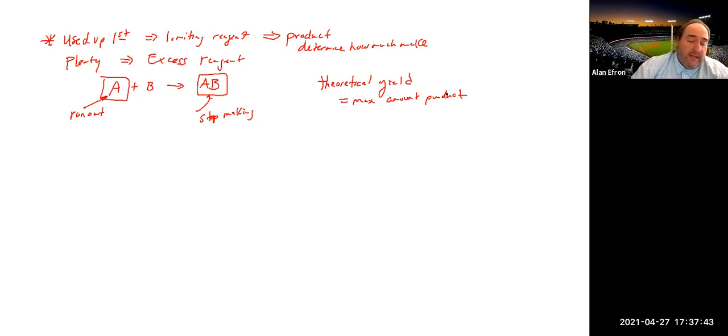In reality, that usually doesn't happen, even in the best ideal circumstances, and we usually get what is known as the actual yield. And much like the name implies, that's actually how much you produce as a result of the reaction.